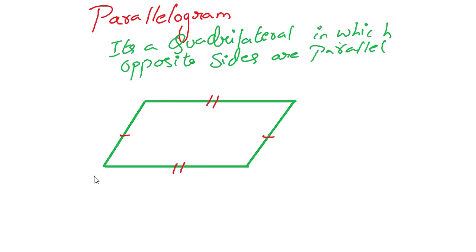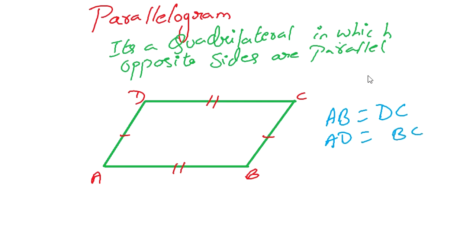Now considering this parallelogram to be A, B, C and D. So in this parallelogram ABCD, AB is equal to DC and AD is equal to BC, and AB is also parallel to DC.